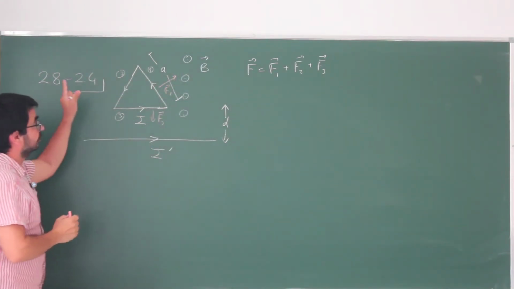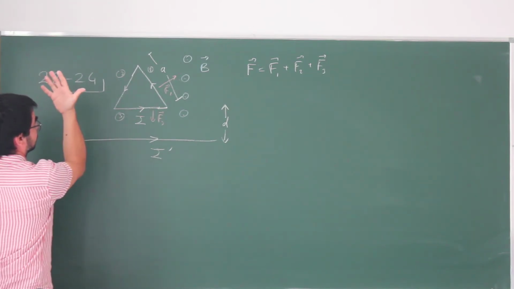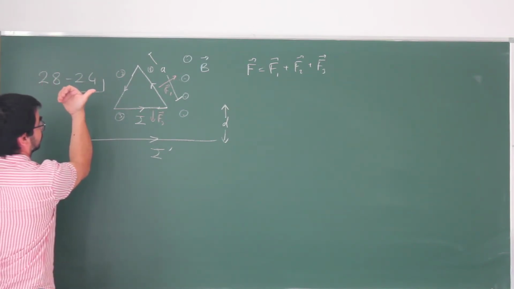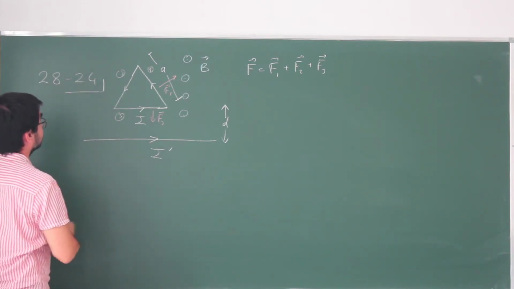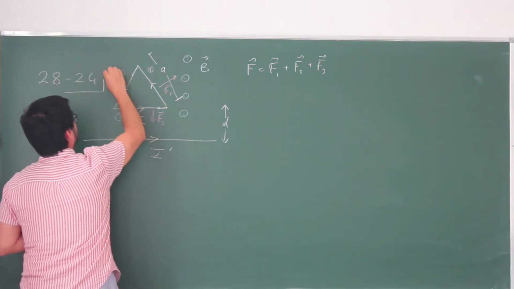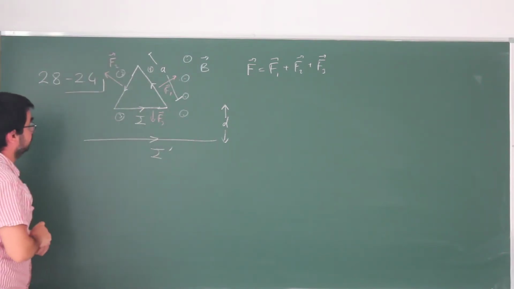Again, this is true for each of these segments, so I extend my arm in direction of the current, and I orient my arm such that I can curl my fingers naturally in direction of the magnetic field. The thumb gives then the direction of the force, and by similar argument we are going to find that the second force is going to be this way. Okay?